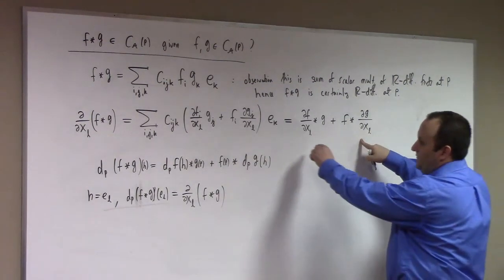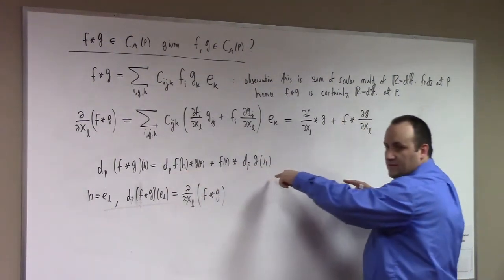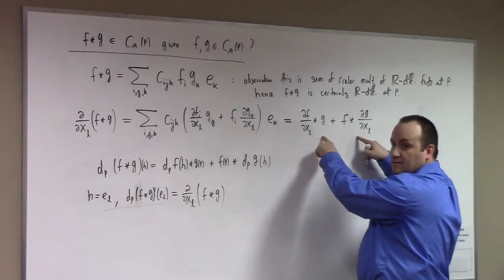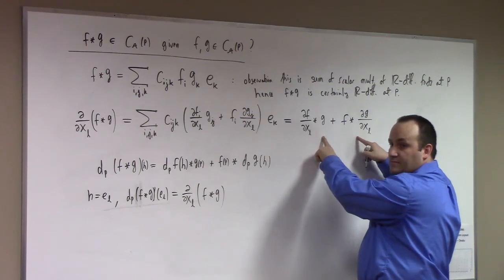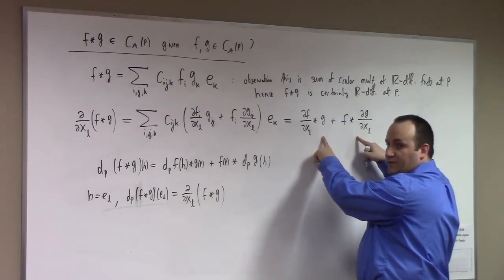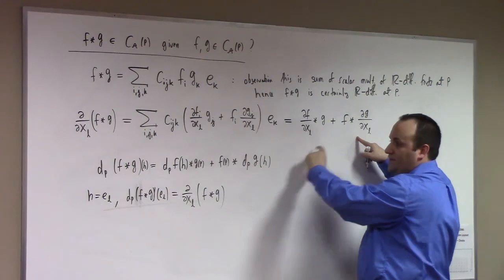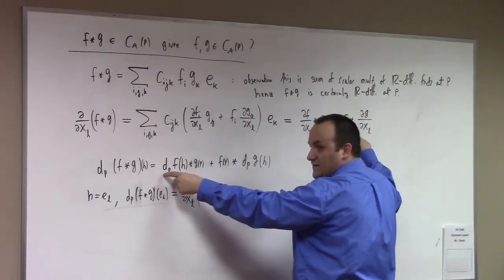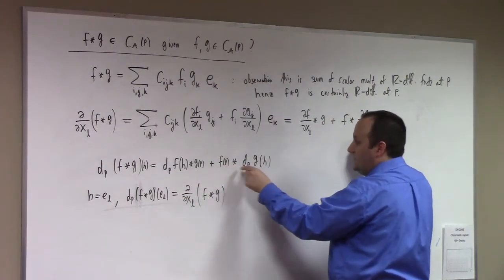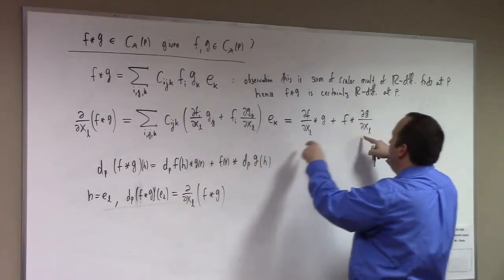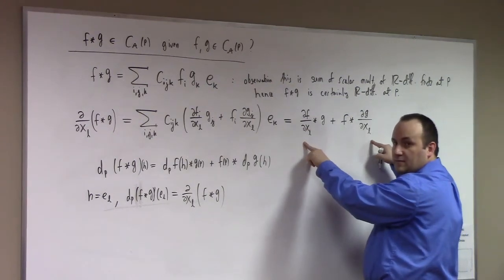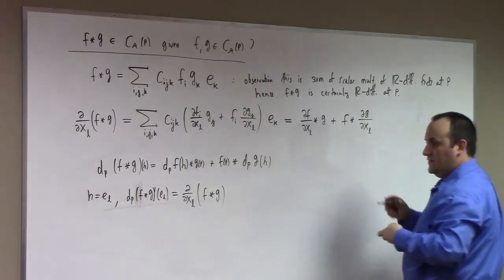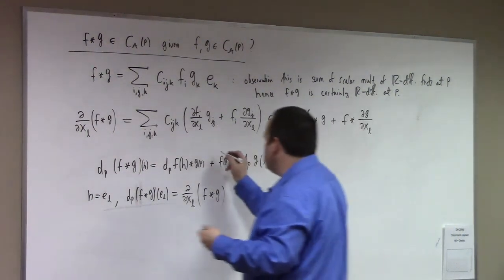And if you calculate this on h equal to el, you get that. So these things are equal. Do you guys follow? Saying if you plug in h equal to el over here, that should give us partial f partial xl star gp, f of p star partial g partial xl. But that's exactly what I have here. I've omitted the p's, but that's why these are equal. So this formula.